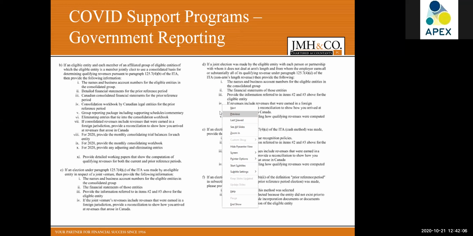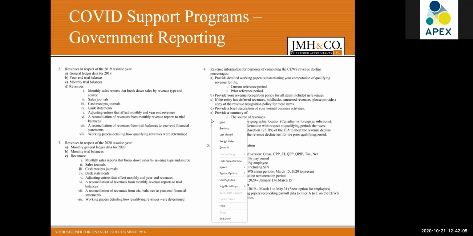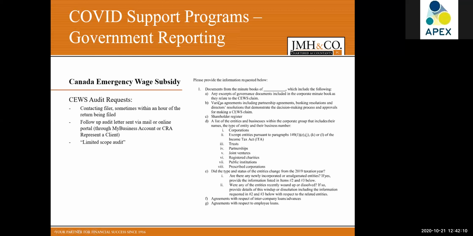So if you are a member of a board for an organization or for a business, that board needs to approve that wage subsidy claim. So they want to see board minutes that approve whoever is filing for this wage subsidy to actually submit the filing.